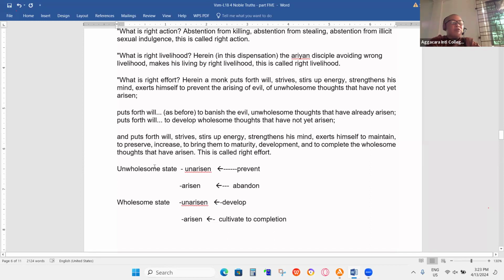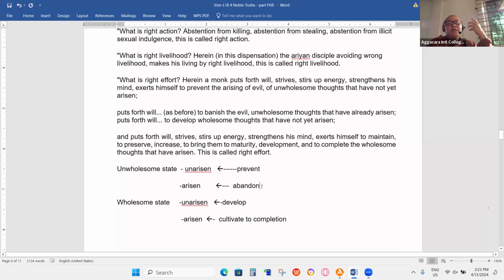So if any of you start to learn the suttas, you just get in your mind unwholesome, because every time you study the Tipitaka, the Buddha talks about the negative side first, unwholesome, and after that wholesome. So you remember unwholesome and wholesome. Unwholesome is unarisen and arisen. Wholesome will be unarisen and arisen. The unarisen one, you have to prevent it from arising. The arisen one, you have to abandon immediately.